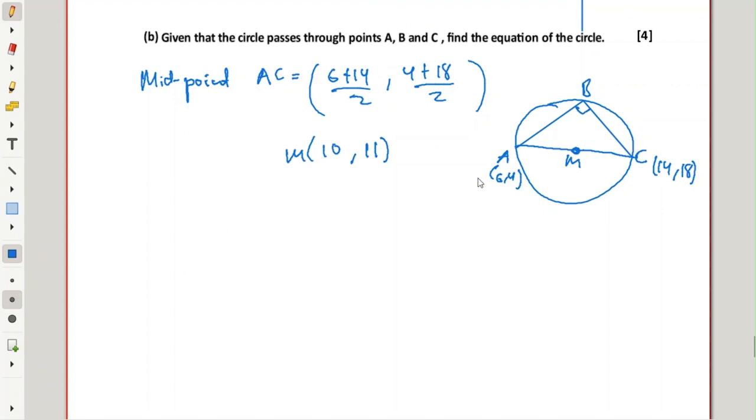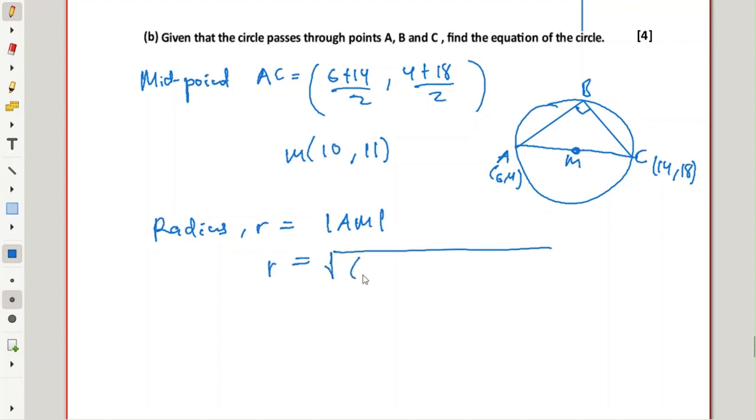So now I can easily find the equation because I can easily find the radius. The radius is the same as the length of AM, or you can choose MC. Any of them is correct. So I can have (10 minus 6) squared plus (11 minus 4) squared.